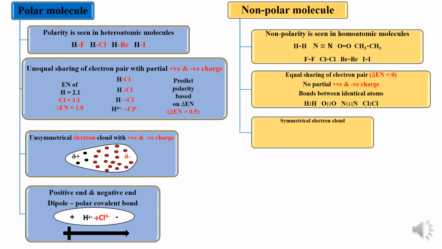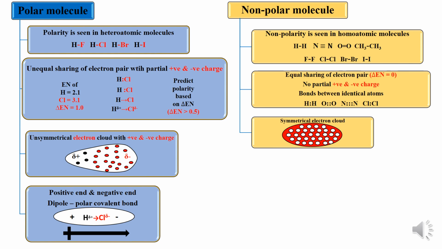In case of non-polar molecules, there is even distribution of negatively charged electrons around the molecule, and this will lead to a symmetrical electron cloud. You will not find any polarization of the electron cloud, or electron density more towards one side of the molecule.